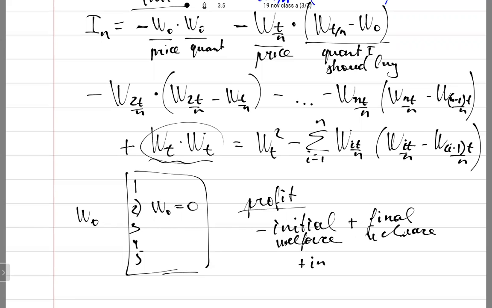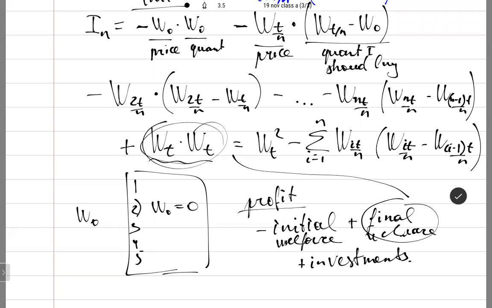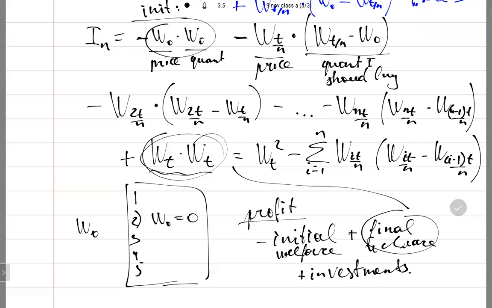So if you buy, in the last operation we sell, and vice versa. So this term is the final wealth, and this term is the initial.